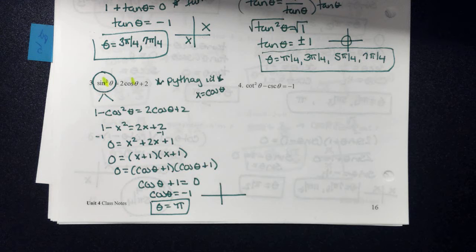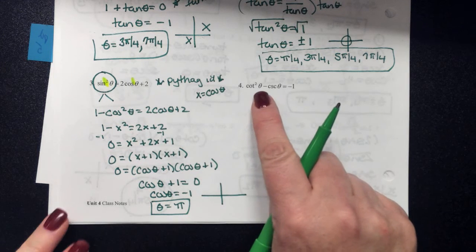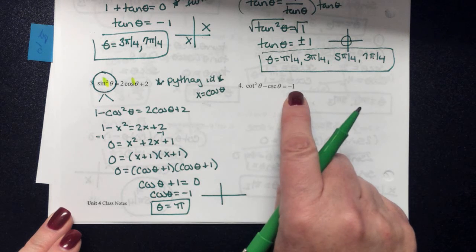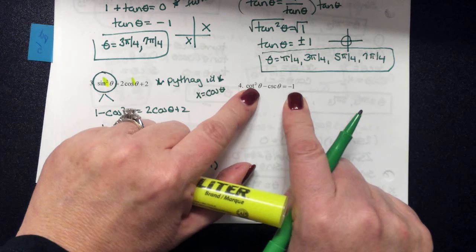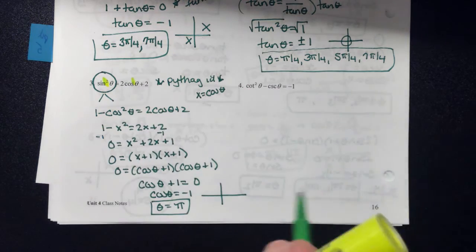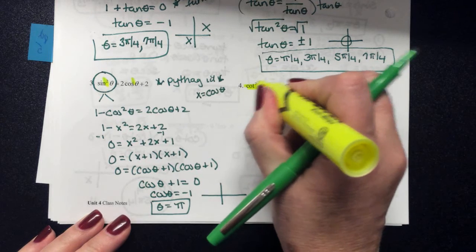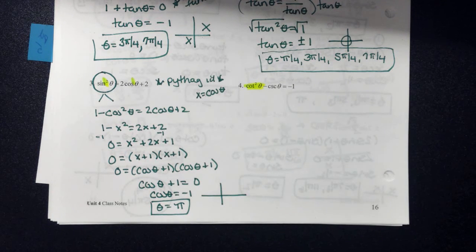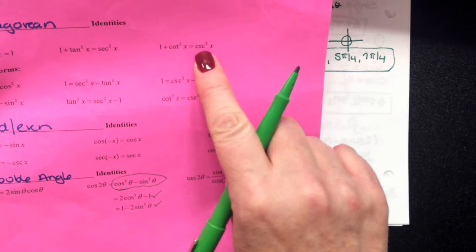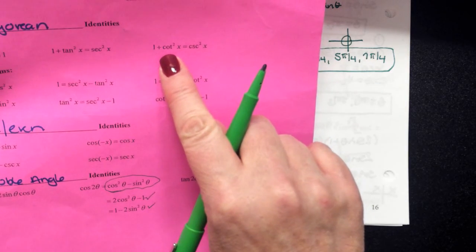All right, so let's take a look at example 4. Cotangent squared minus cosecant theta equals negative 1. Again, I have a trig function to the second power, a different trig function to the first power. So what I want to zero in on is somehow getting rid of that cotangent squared and see if I can bring in a cosecant. Looking at your Pythagorean identities, notice cosecant squared is equal to 1 plus cotangent squared.